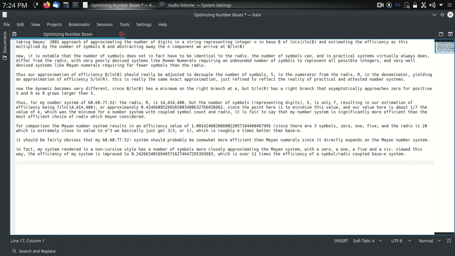So this is the idea. The goal is to minimize this value. The smaller this value is, the more efficient the number system is. So this is the smallest value that we've seen, and this value is over 11 times the efficiency of a symbol radix coupled base E system. 11 times.